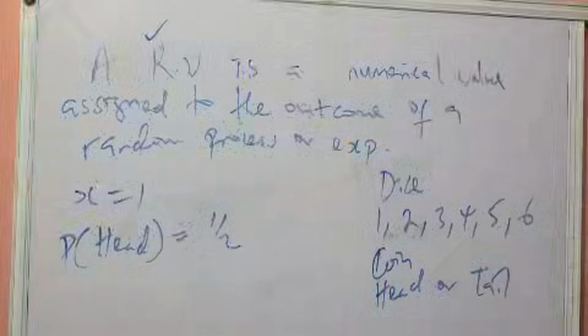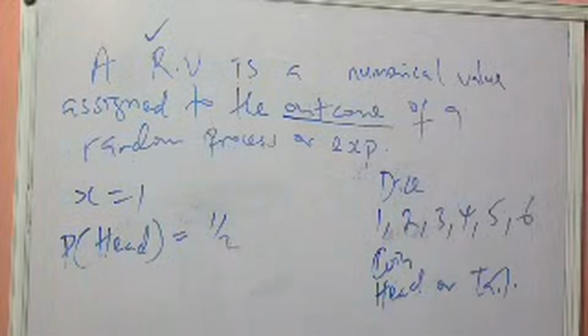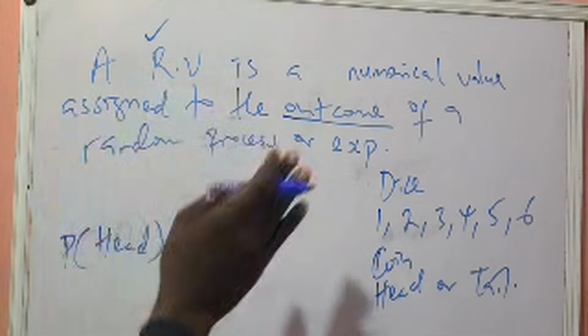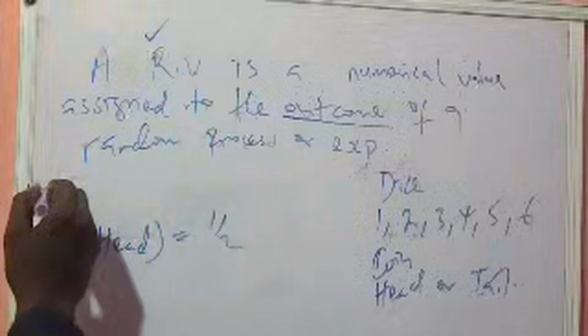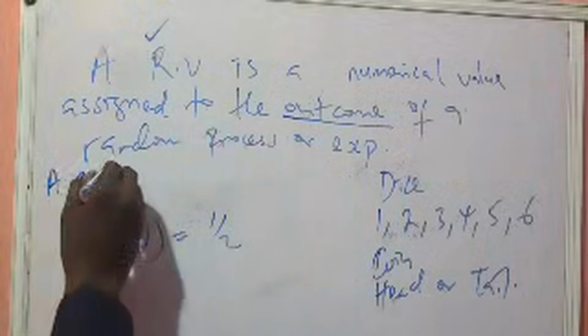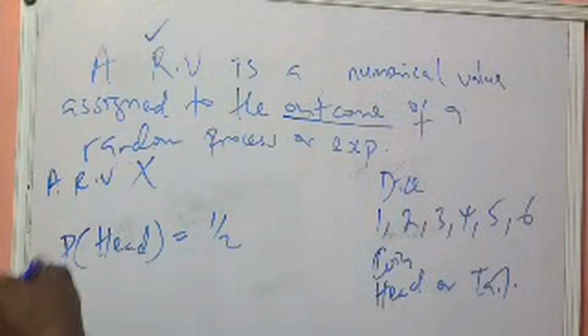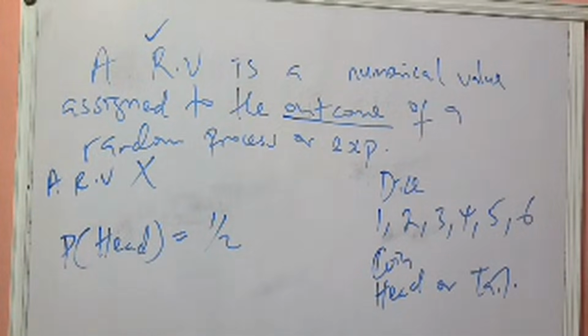A random variable is a numerical value assigned to the outcome, keyword there, outcome, of a random process. Now, we often and always denote a random variable with capital letter X or Y. Note that. So when you are dealing with random variables, you'll be seeing a random variable, capital letter X, in some cases, capital letter Y.